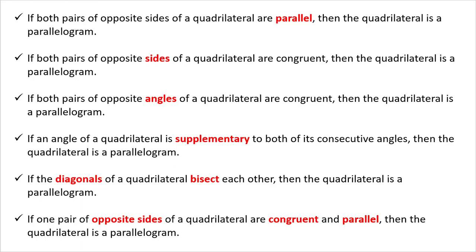And then the last one, this one is new: if one pair of opposite sides is congruent and parallel, then your quadrilateral is a parallelogram. Again, I want all of these ways to prove a parallelogram in your notes. Please take a minute to stop the video if you need to write these down.